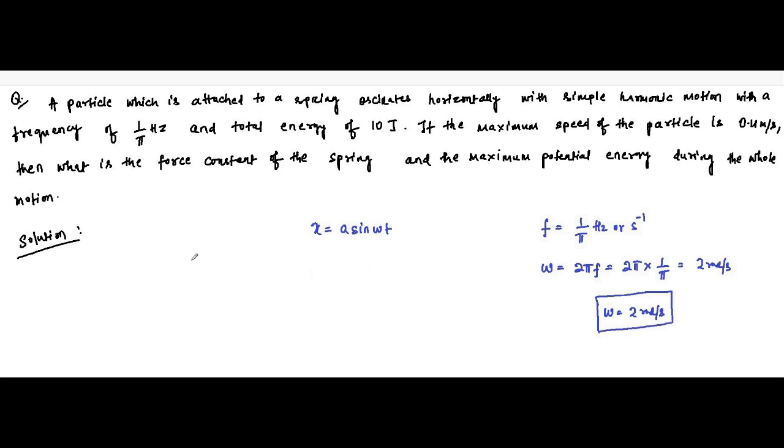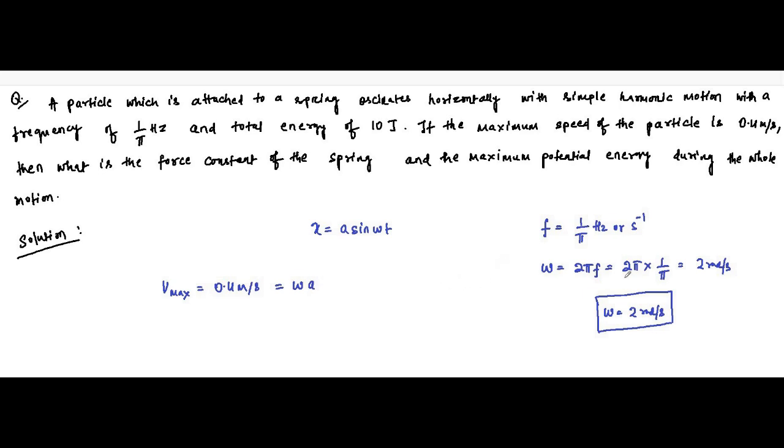That is the angular frequency. Then it is given that the maximum speed or maximum velocity is equal to 0.4 meter per second. We know maximum velocity in SHM is equal to omega a. Here a we have to determine.